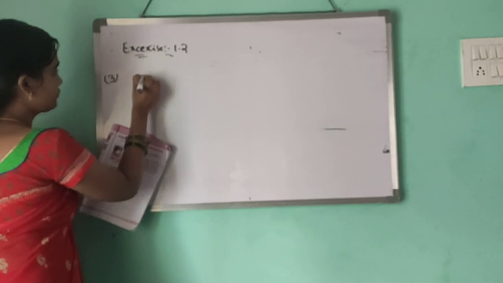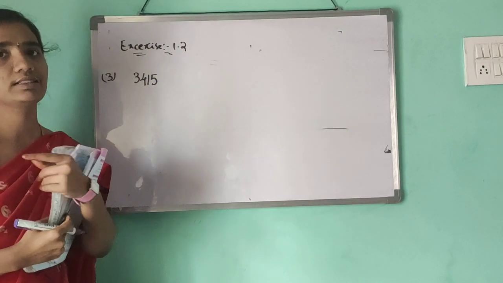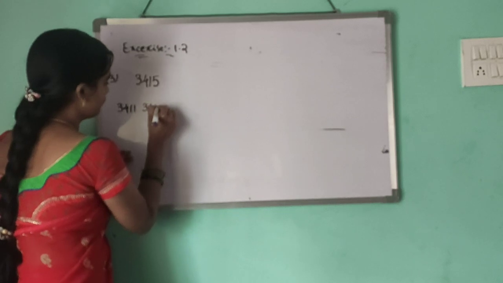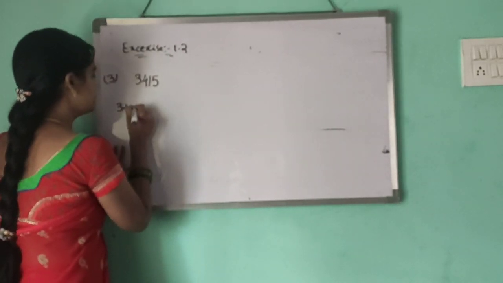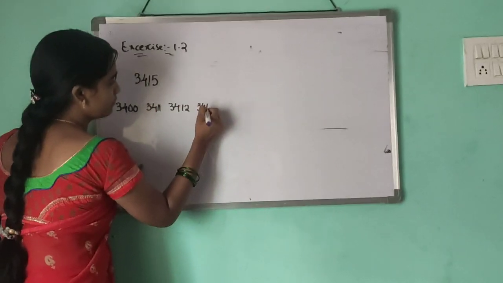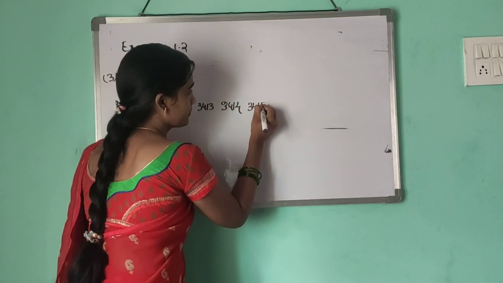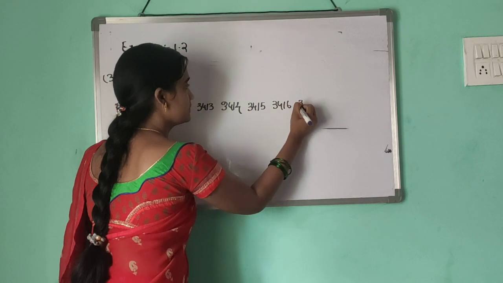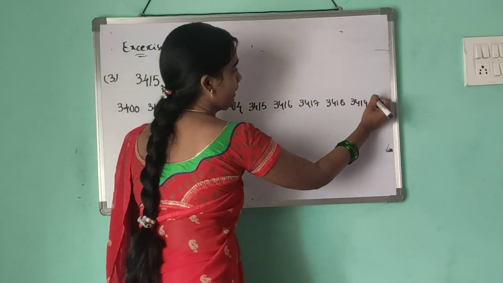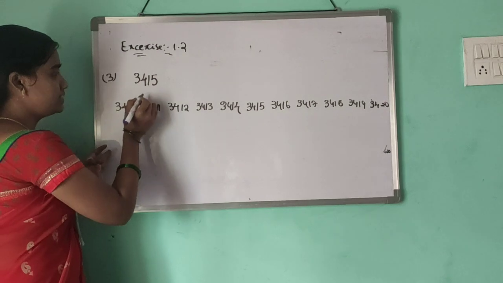Now the nearest numbers of thousands. Nearest thousand means these numbers all have three zeros. So 3400, 3411, 3412, 3413, 3414, 3415, 3416, 3417, 3418, 3419, 3420. This is the thousands place.